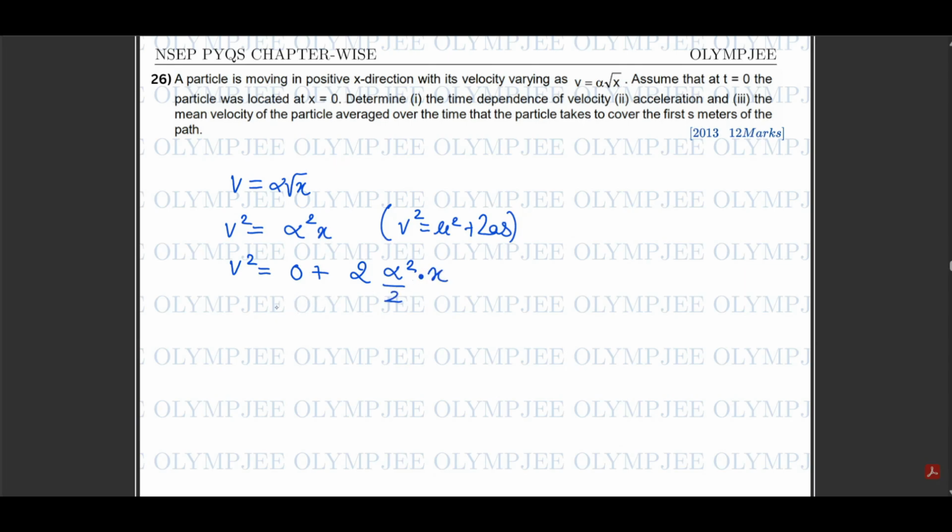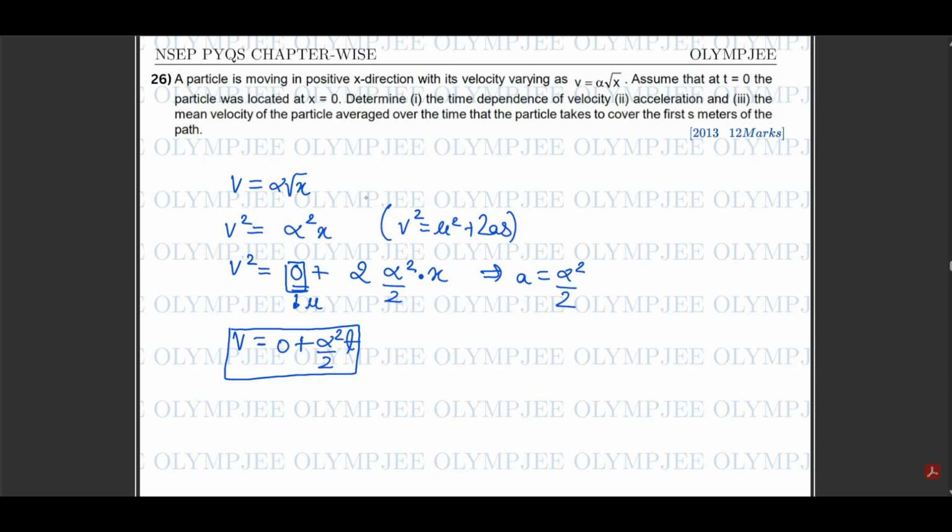So we get that the acceleration is alpha square by 2, and from here we can calculate the time dependence. Since initial velocity is 0, v is equal to u plus at. So this will be the time dependence.